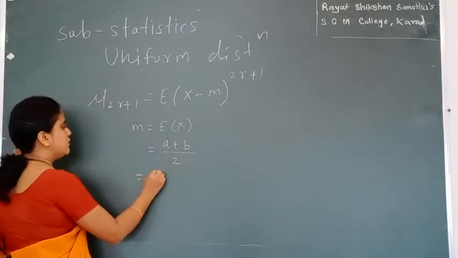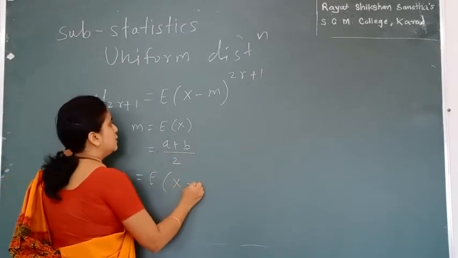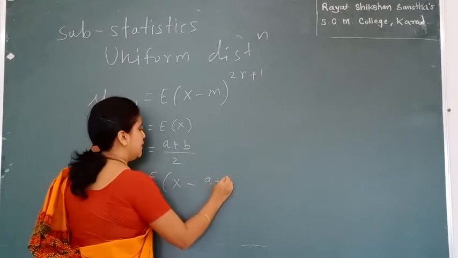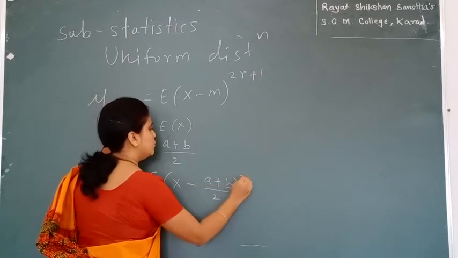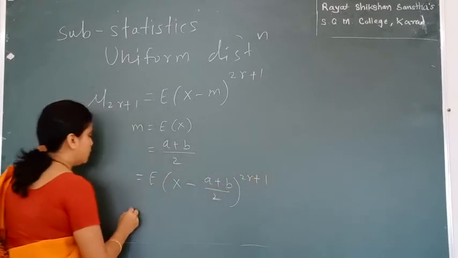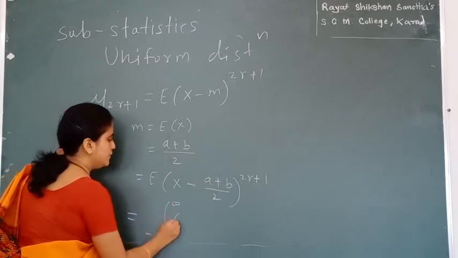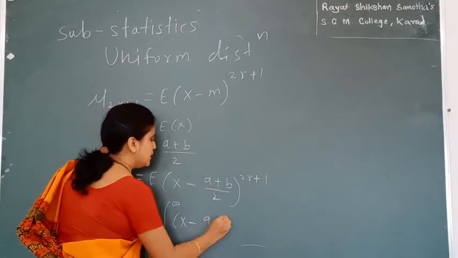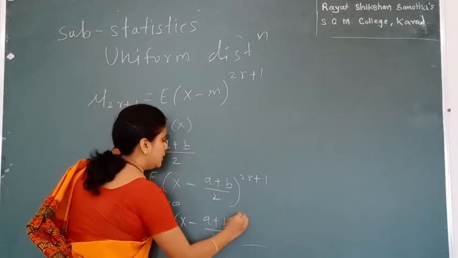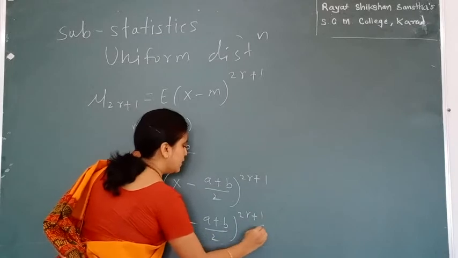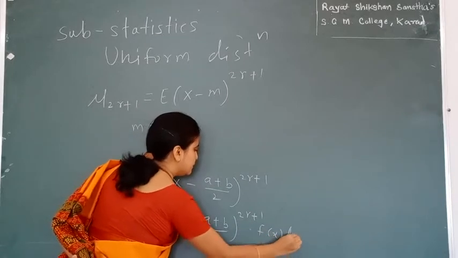Hence, by definition, mu 2r plus 1 is the integral from minus infinity to infinity of (x minus (a plus b) by 2) raised to the power 2r plus 1, times f(x) dx.